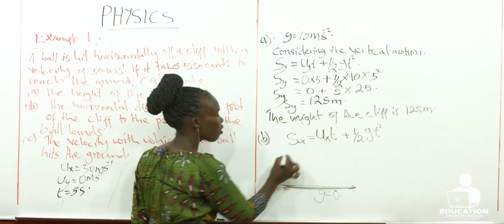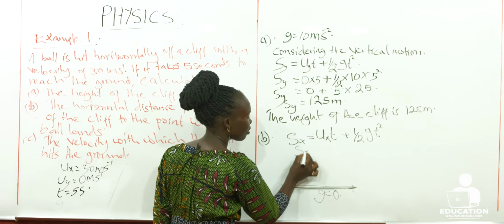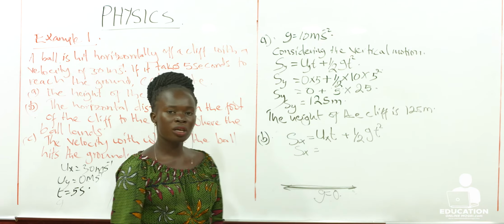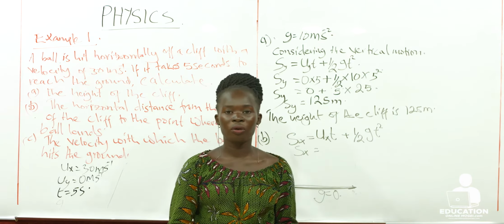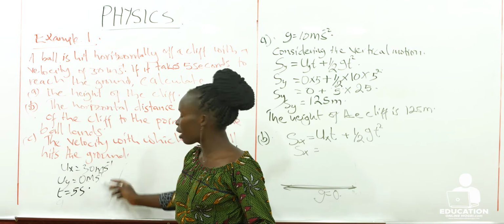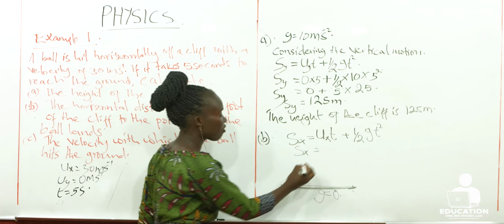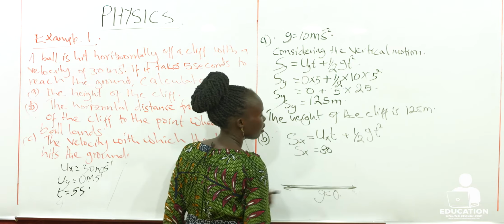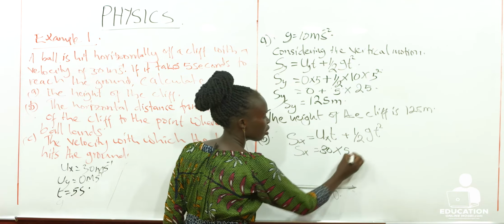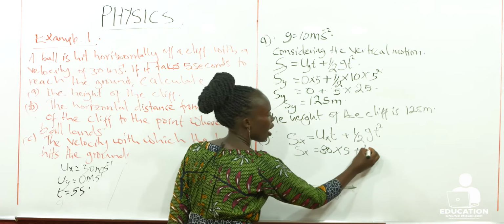So we shall have our sx, which will give us the initial velocity with which the body was thrown from the horizontal position is 30 meters per second. So we shall have here as 30. So we are multiplying it by the time, that is 5, plus a half.